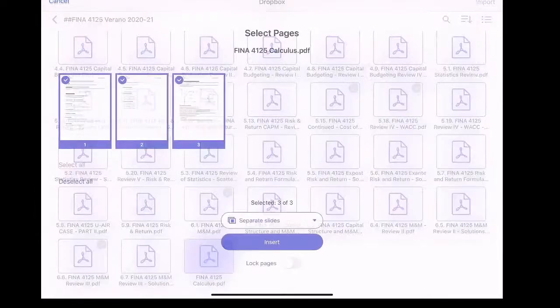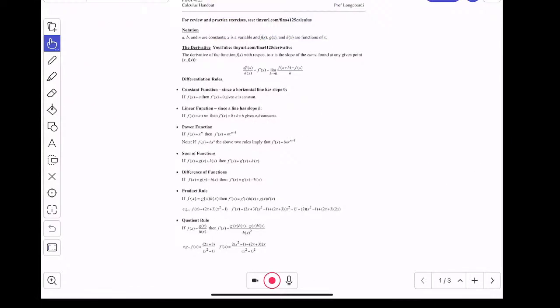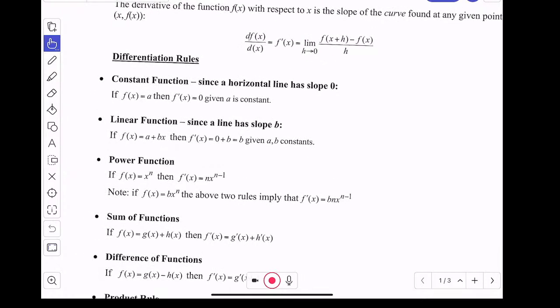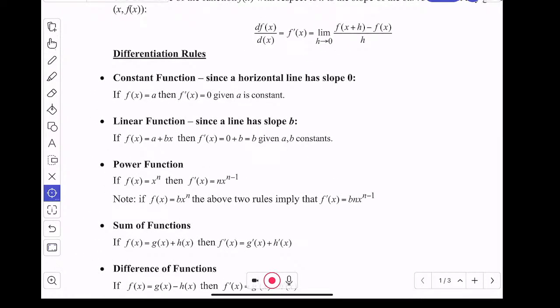I'm not going to do anything too fancy. But here are some reminders. So the rules are, if you have a function that's a constant, that will look like just a flat line.